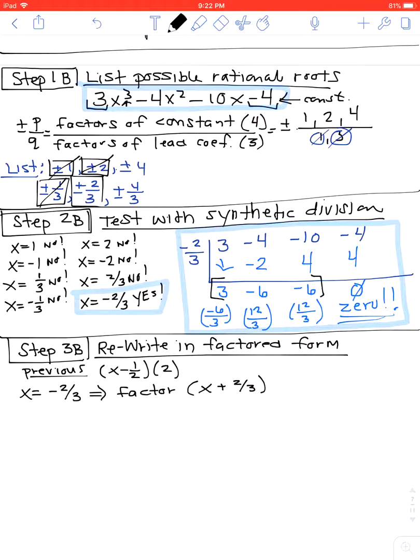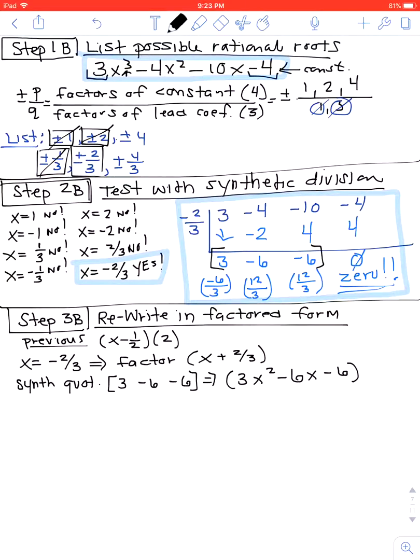What about the synthetic quotient? So we had 3, negative 6, negative 6. That becomes 3x squared minus 6x minus 6.